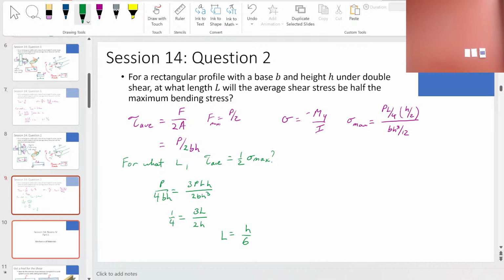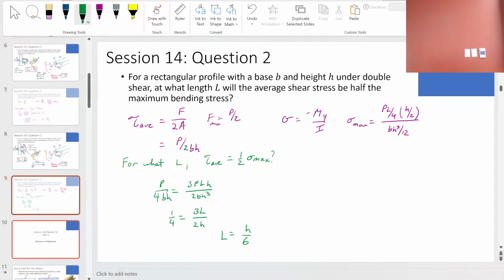The height is h. Yeah, that's it. So it's times the height of h in this case. Yeah, because in this case, we consider a bar.